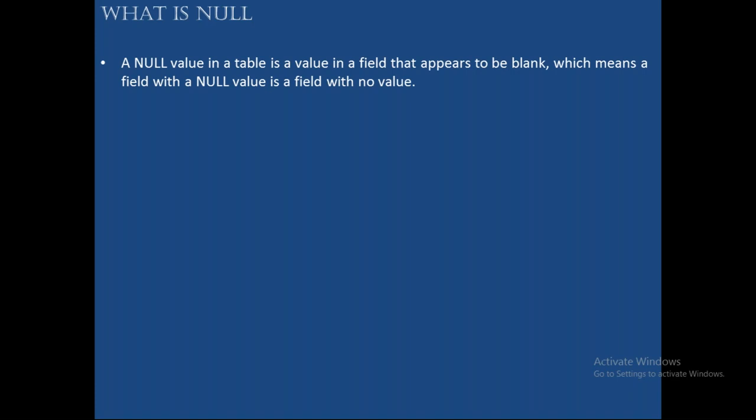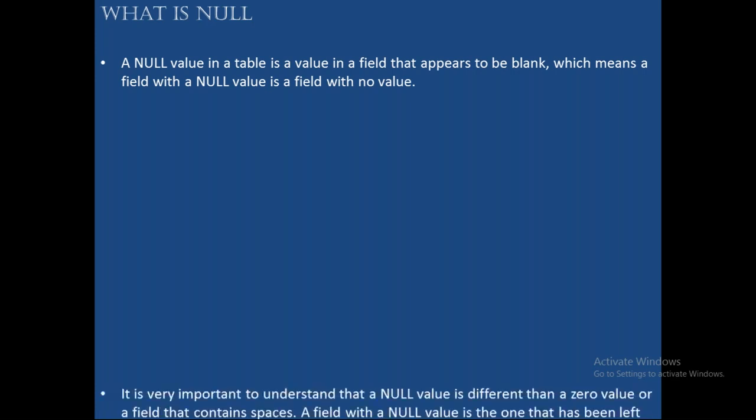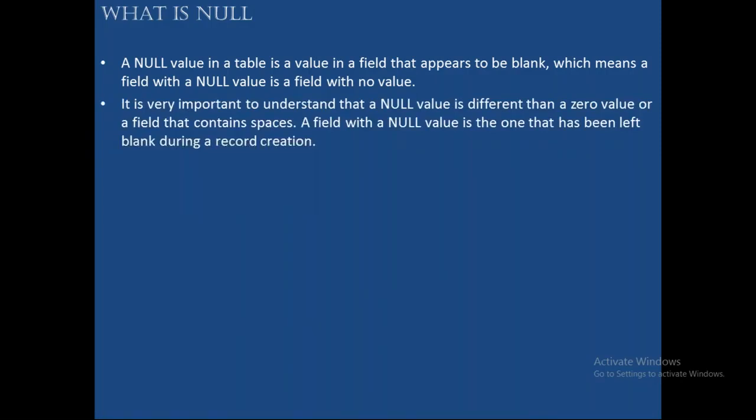No value is nothing but a null. It is very important to understand that a null value is different from a zero value or a field that contains spaces. If you are giving some spaces, that is not a null value. If you are entering the value 0, that is not a null value. Null means if you are not entering anything, then that particular value will be considered a null.